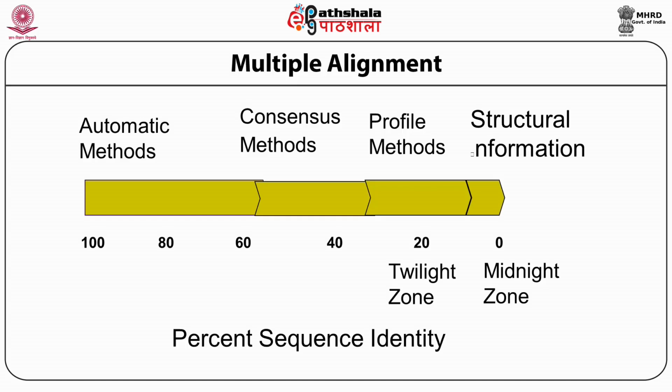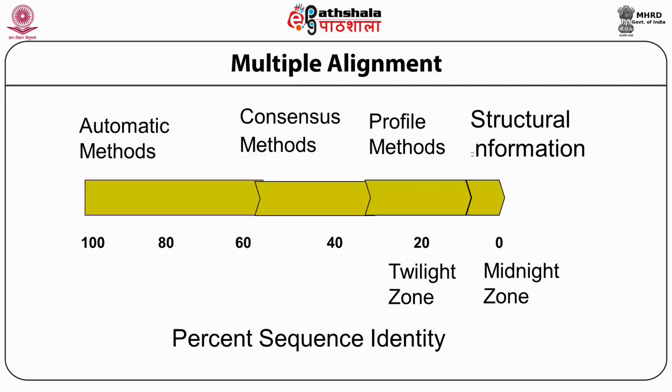And if your sequence identity is even 0 to 10%, very, very low, in such a case you will definitely require a lot of structural information, and those kinds of alignments are really very difficult to construct, and it's really very difficult to be sure that the alignment is actually correct and making biological sense.